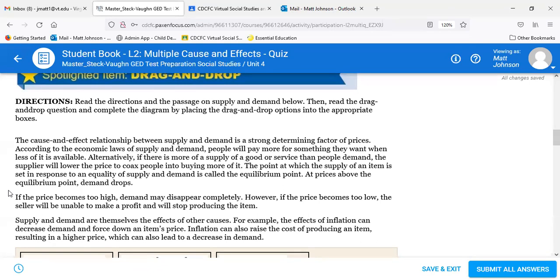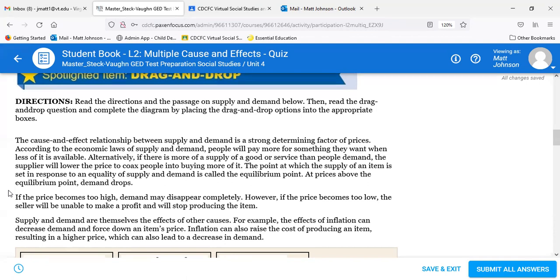According to the economic laws of supply and demand, people will pay more for something they want when less of it is available. Alternatively, if there is more supply of a good or service than people demand, the supplier will lower the price to coerce people into buying more of it. The point at which the supply of an item is set in response to an equality of supply and demand is called the equilibrium point.